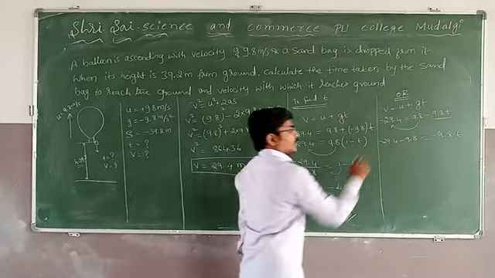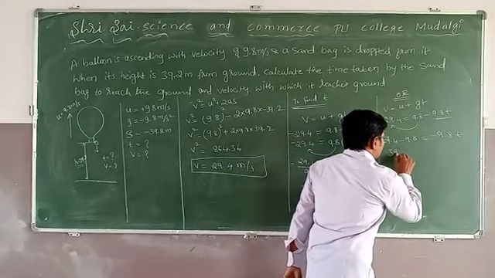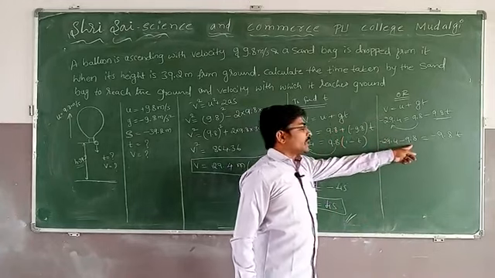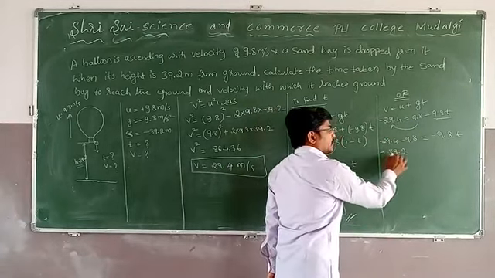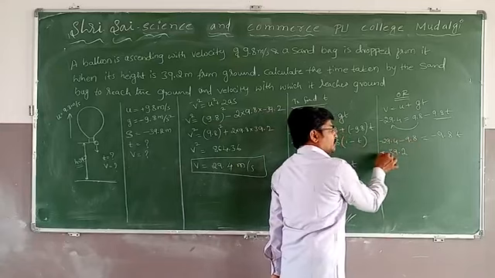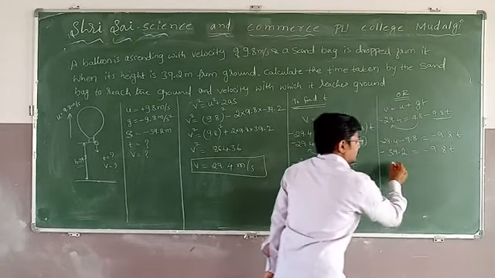Minus 29.4, then you add it: 39.2. If you add, that is minus sign. Here also minus plus minus means minus. 29.4 plus 9.8 is 39.2, minus 9.8 t.